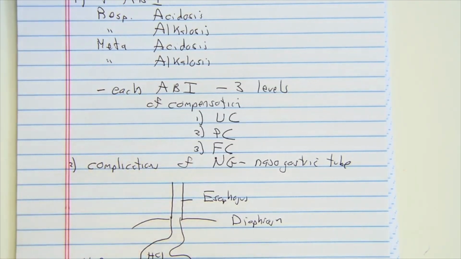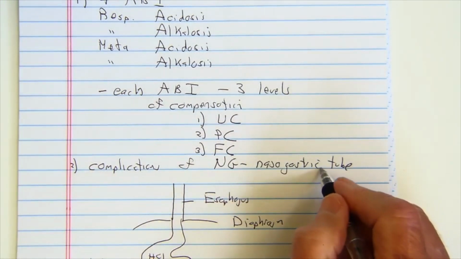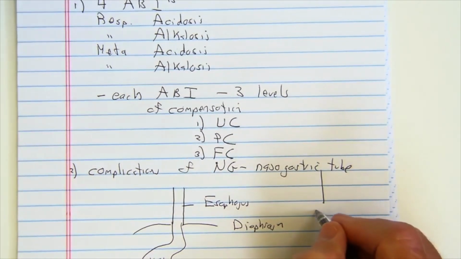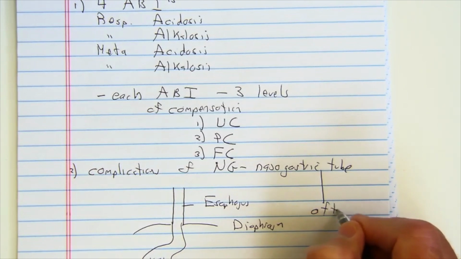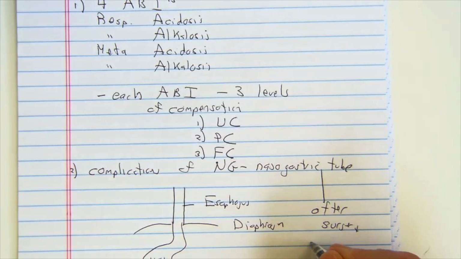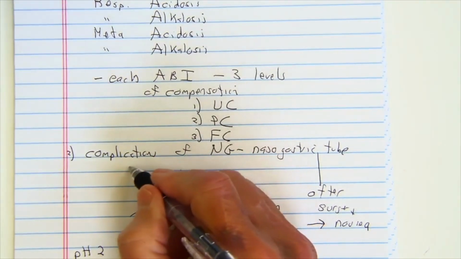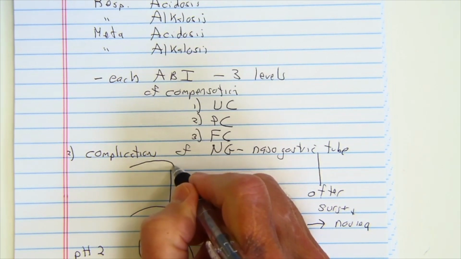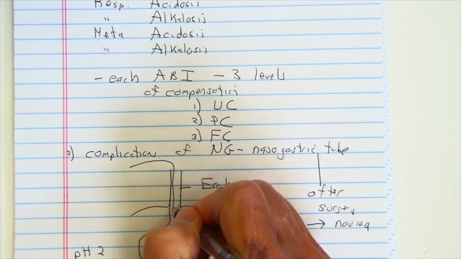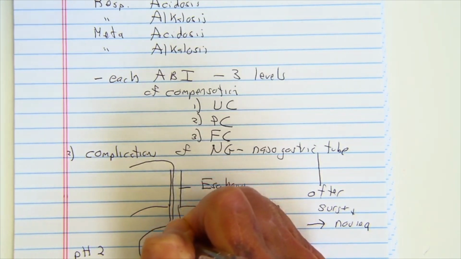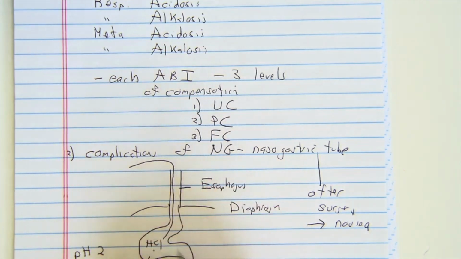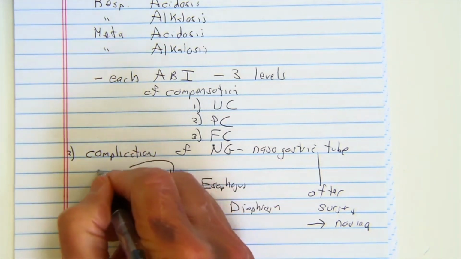A nasogastric tube is actually used oftentimes when the patient is post-surgery for nausea, so somehow to treat nausea. And so what you're basically doing is taking an NG tube and passing it down through the esophagus into the stomach, and connecting this to vacuum.